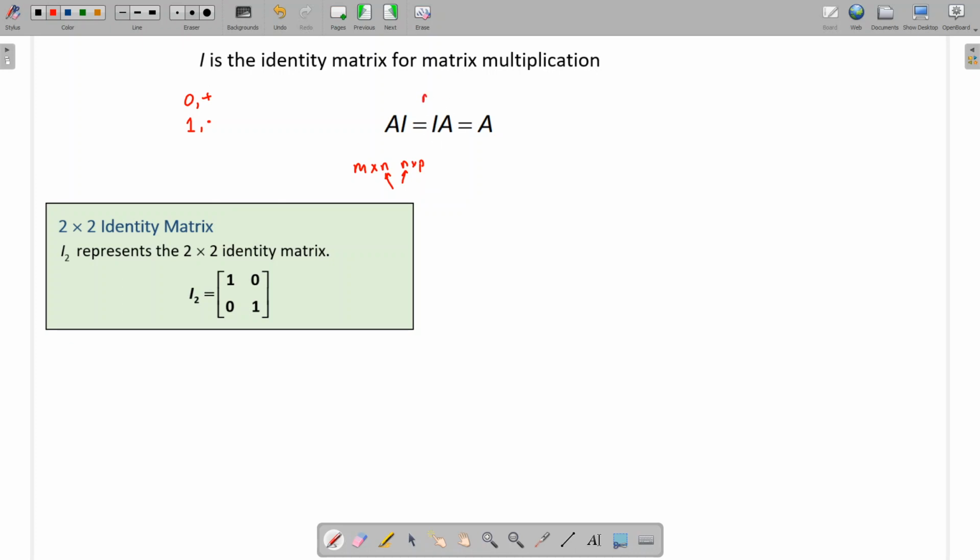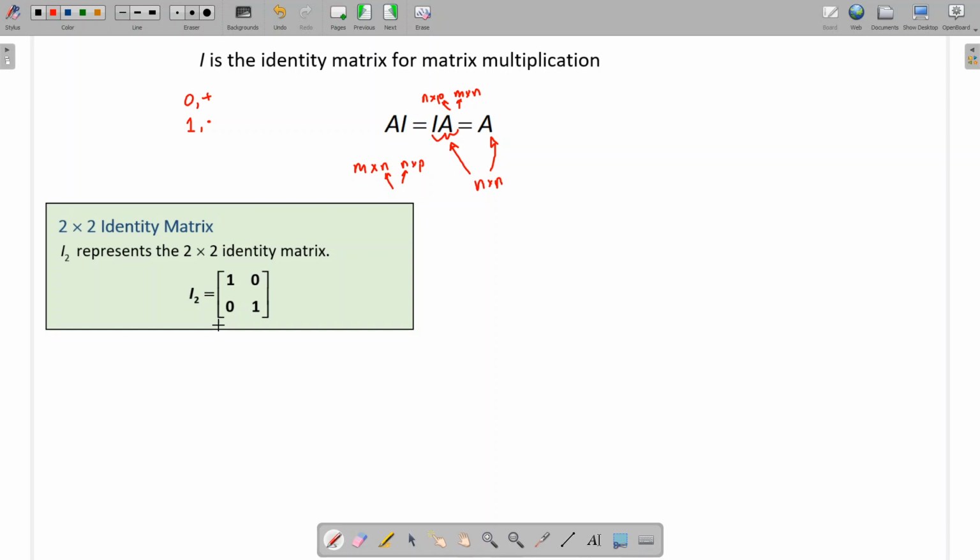So that would be an N by P multiplied by an M by N. That forces these two dimensions to match, but the product that you would get here would be an N by N matrix, and that product has to be the same as matrix A. We're saying they're equal. So what this is getting at is the identity matrix will have to be a square matrix, and it will have to have the same dimension as the matrix A, which means matrix A has to be square as well.